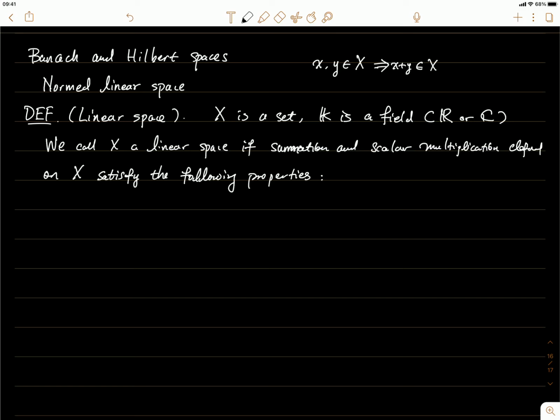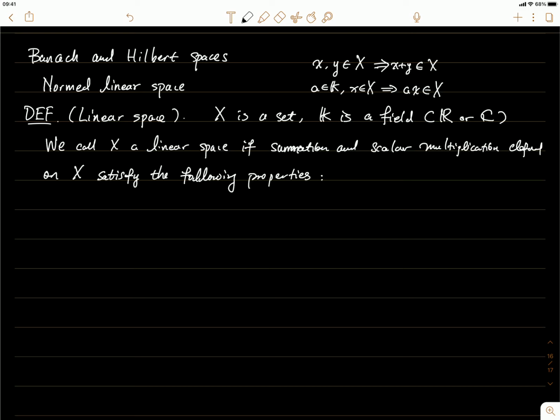And also, if I have any scalar in K, either real or complex, and x is an element in the space X, then a times x is also in X. So it's closed under summation and scalar multiplication.